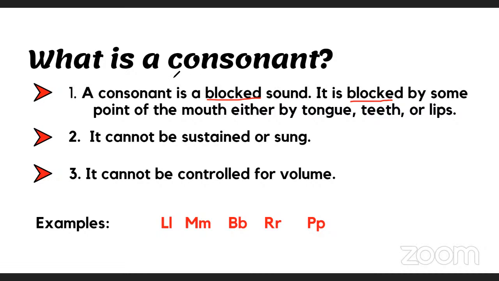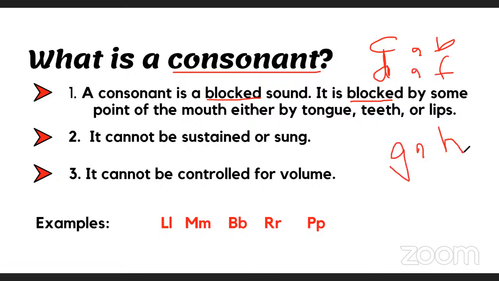Whenever we say a consonant sound, consonants are anything other than vowels. K, B, D, G, they all are consonant sounds, right? Try saying any consonant and check whether your sound is being blocked by your teeth, your tongue, or your lips. I'm saying the k sound. K, k, k, k.